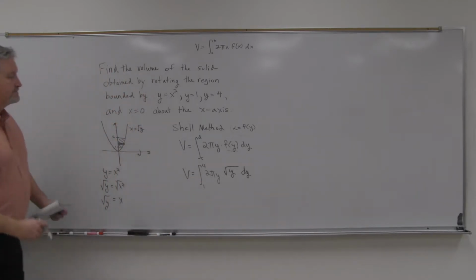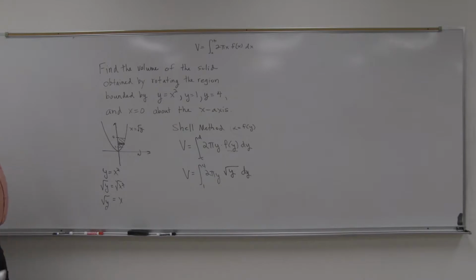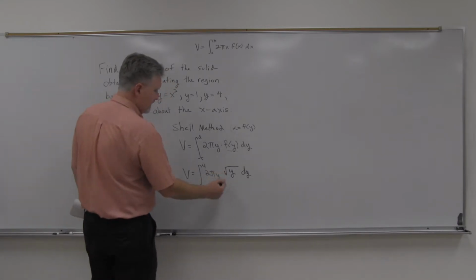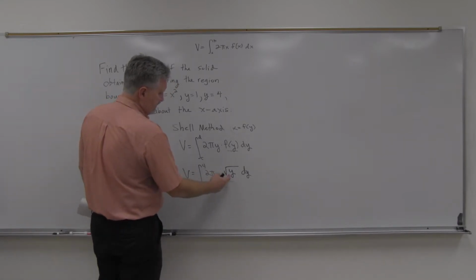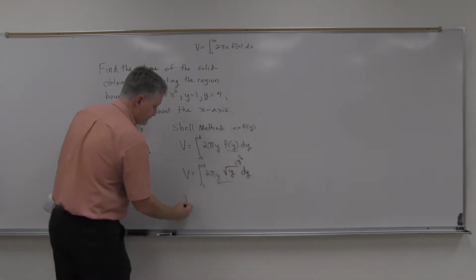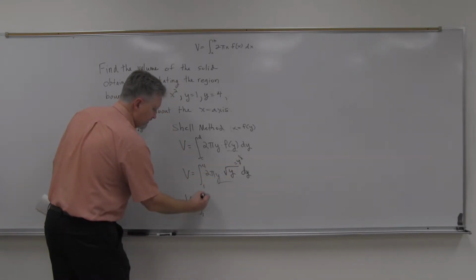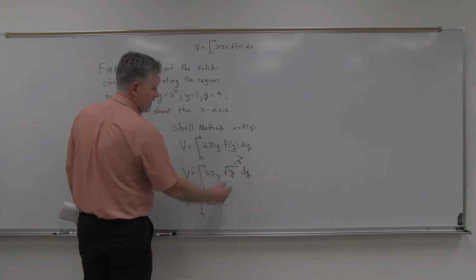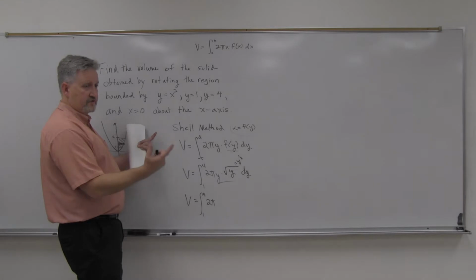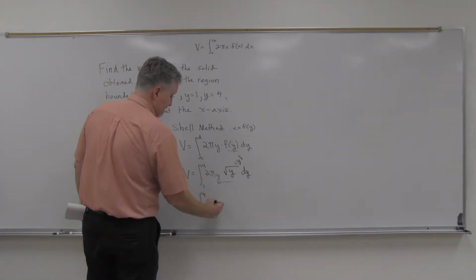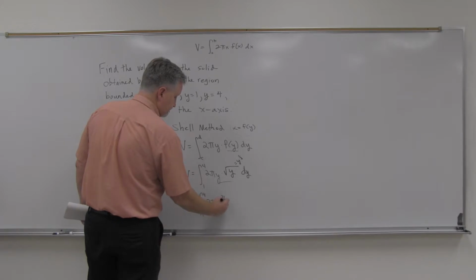So this is our integral to evaluate this volume. I would need to combine that. The square root of y is y to the 1/2. So what I've got here is 2 pi times y times y to the 1/2. You add those exponents, so 1 plus 1/2 is 3/2.